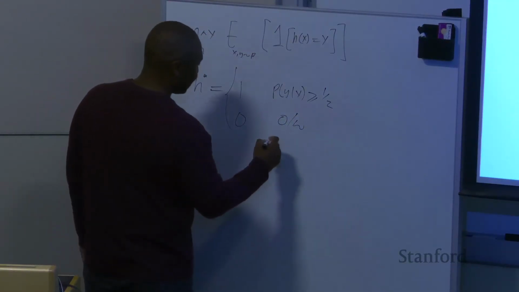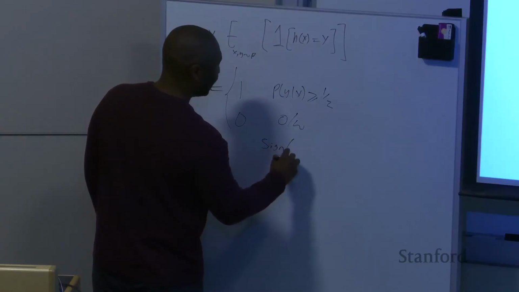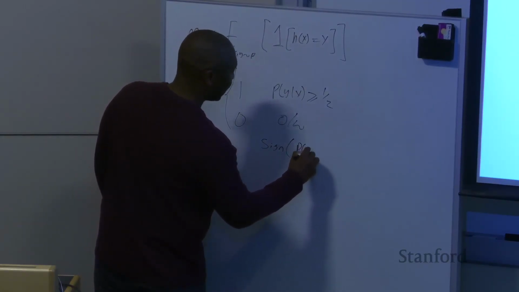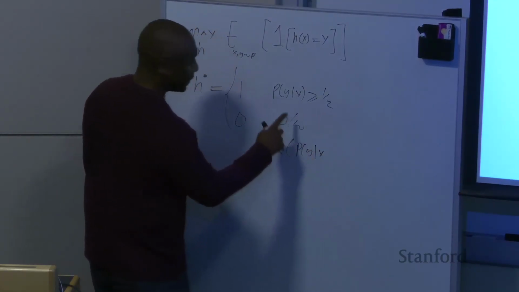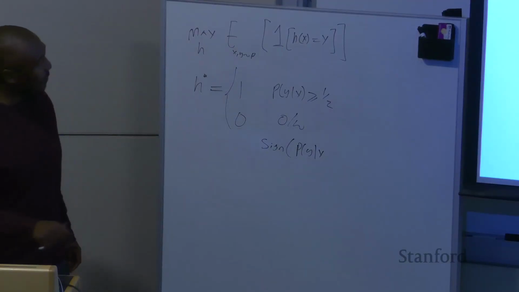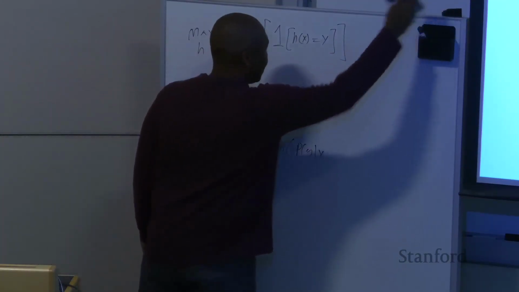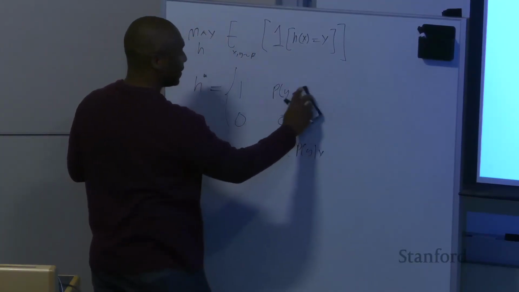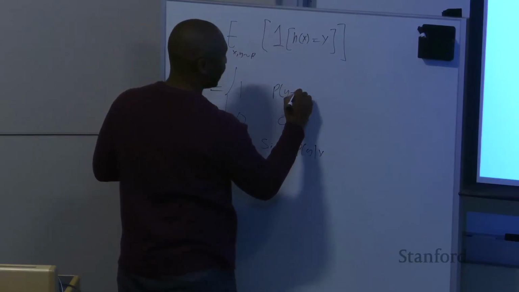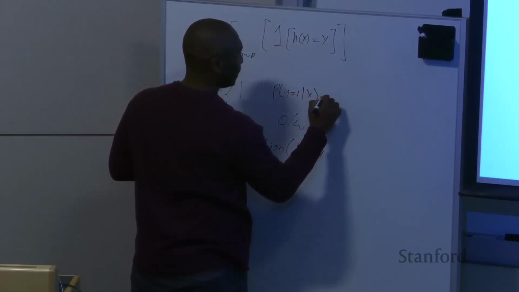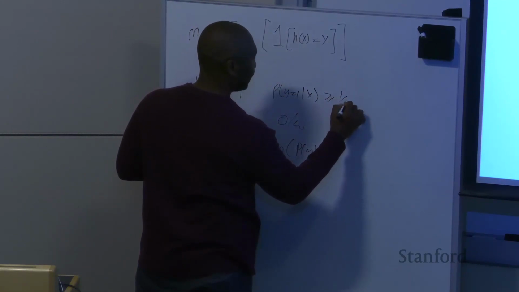Sometimes people write this as the sign of p of y given x. Sorry, I should rewrite this. It's a minor thing, but it can be important. Typically we use the positive probability, p of y equals 1 given x, greater than or equal to half.